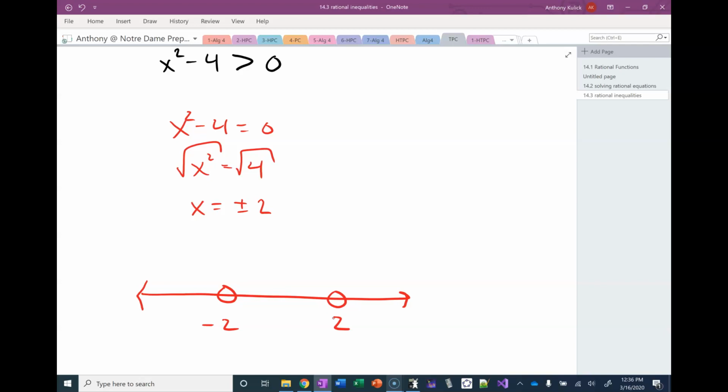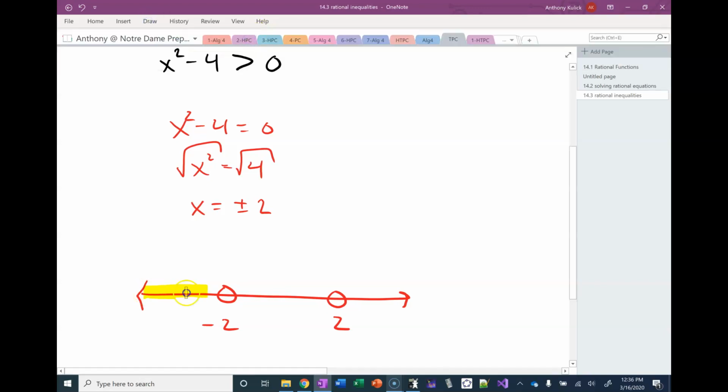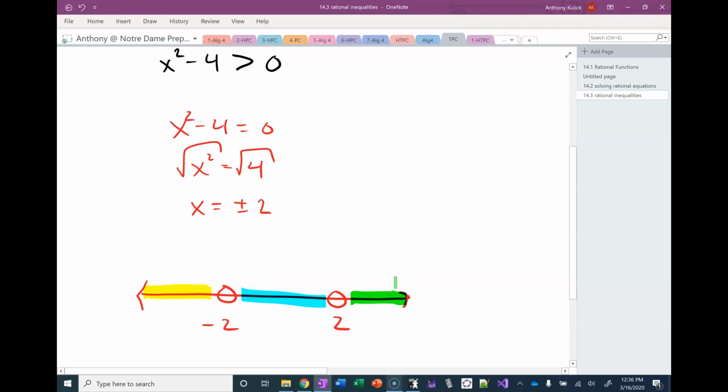Then I'm going to pick a test value in each of these 3 intervals. I have the values that are less than -2, the values between -2 and 2, and the values that are greater than 2.